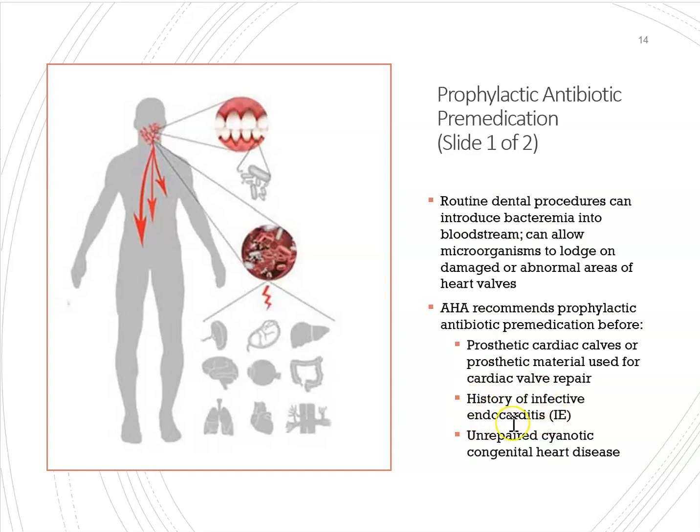So if they tell you they have this condition, they need pre-med. If they have a congenital, so a disease that they were born with, congenital means you were born with, and it was not repaired properly, then they will likely need a pre-med. So be mindful of whether your client needs pre-med or not.